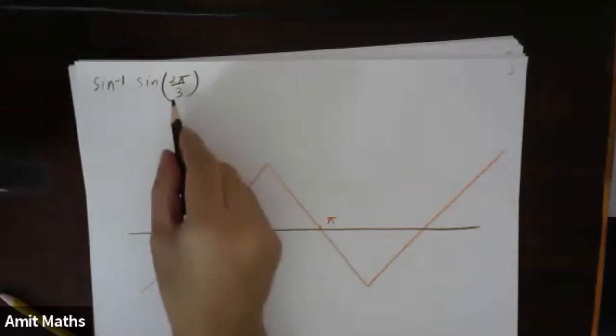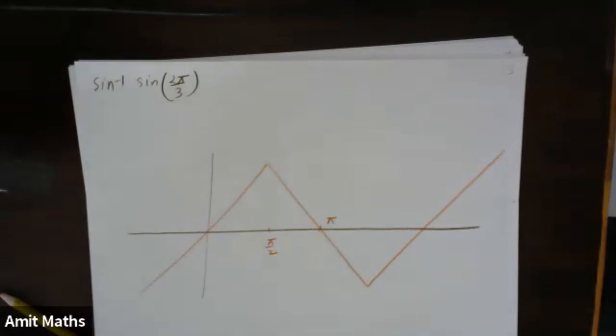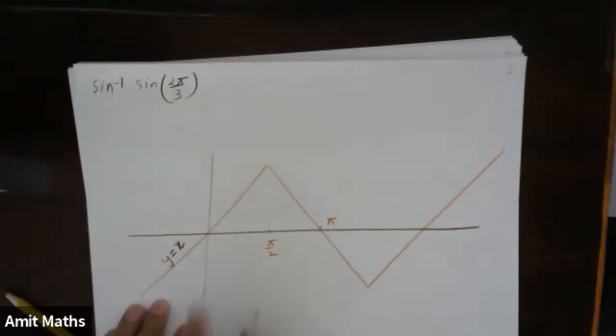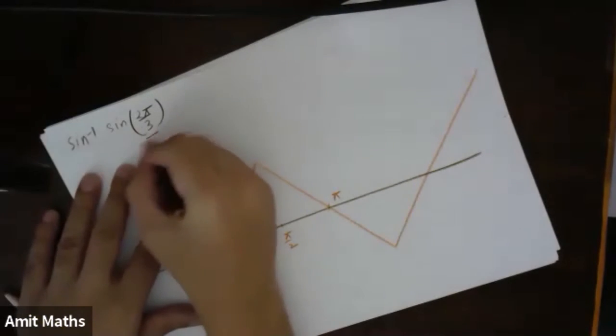So first we should have pi by 3, right? Using the equation of the line, the equation of this line was y equals x. We have to find for 2 pi by 3.